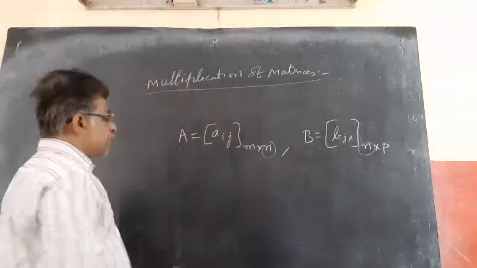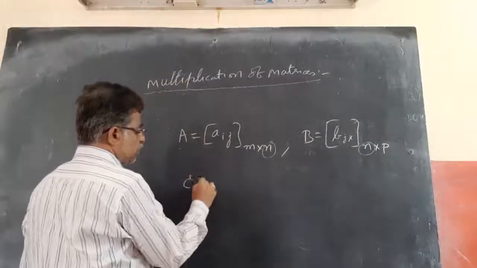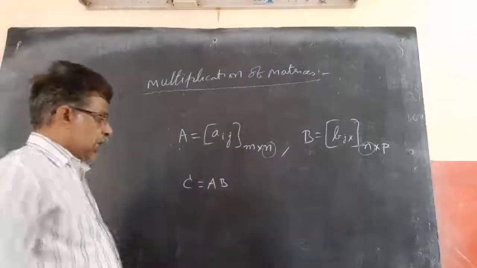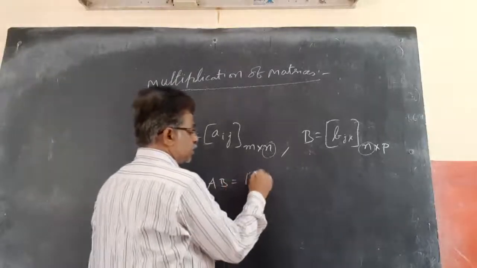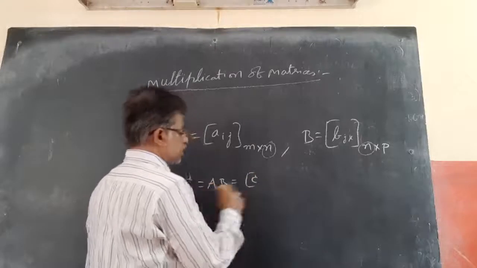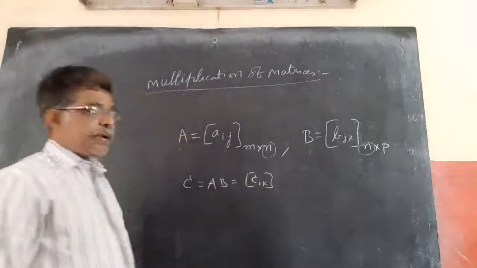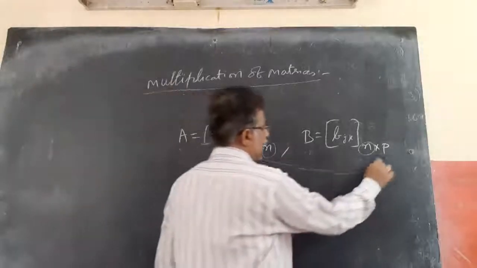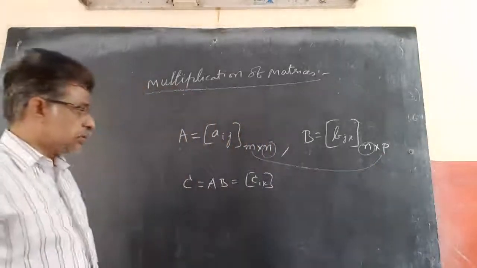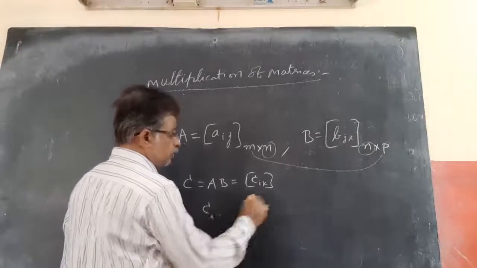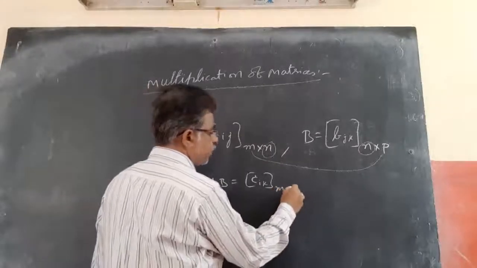If C is the multiplication of the two, that is C = AB, then how to do the matrix multiplication? C is the matrix C of ik, because the resultant is m by p, as I told. So C of ik is of the size m by p.